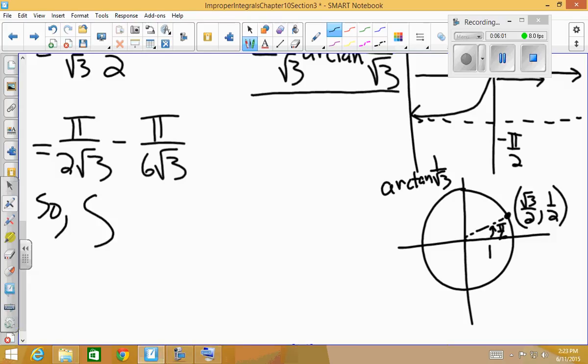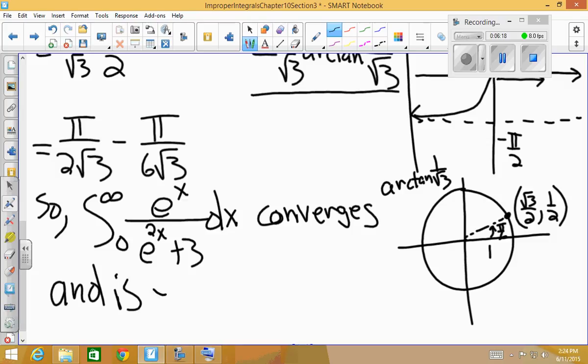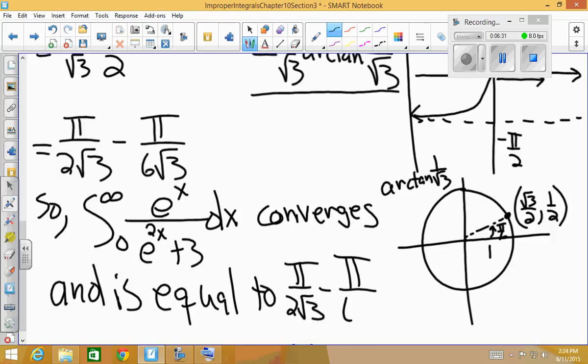So the integral from 0 to infinity of e to the x divided by e to the 2x plus 3 converges and is equal to pi divided by 2 square root of 3 minus pi divided by 6 square root of 3.